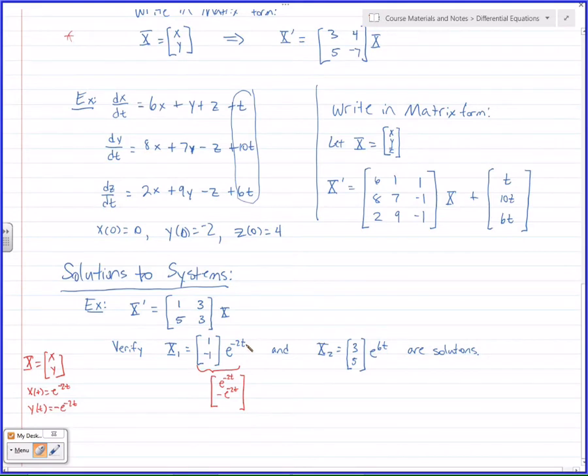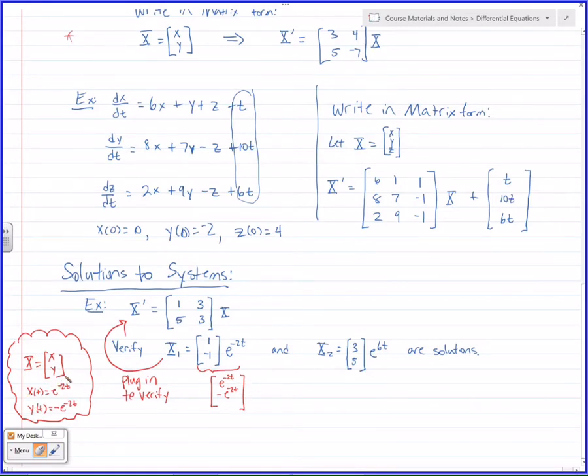And in fact, it's even better in the vector form for this particular question, because I want to plug that into the original equation to verify. I don't actually have to use this information.